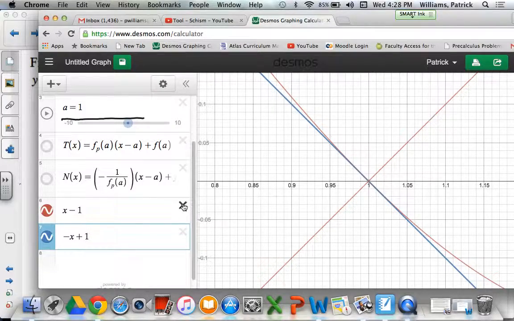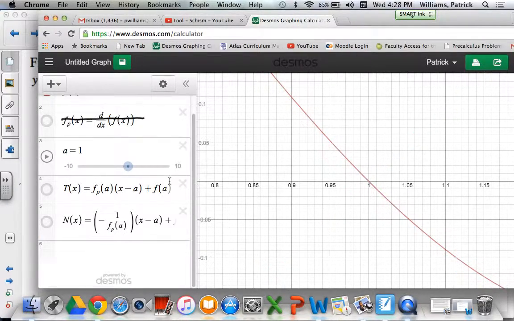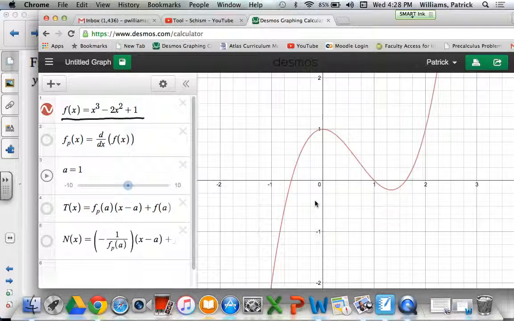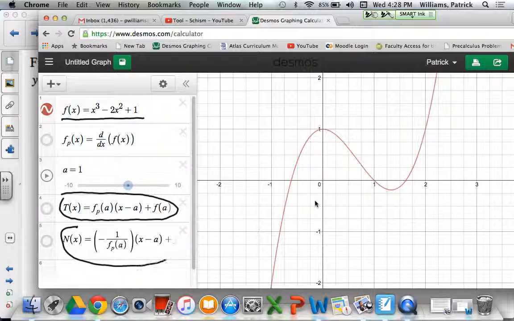Now, to go into a bit of a description of what these other equations up here mean, if we zoom out here, you'll see I got two equations right here, this one and this one. Now, t of x represents our equation for a line tangent to the curve, and notice that I'm just plugging in that point slope equation that we went over in the first slide of this video.